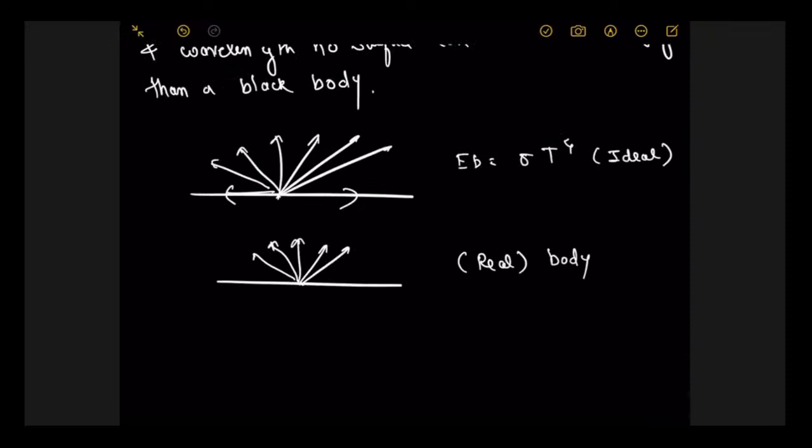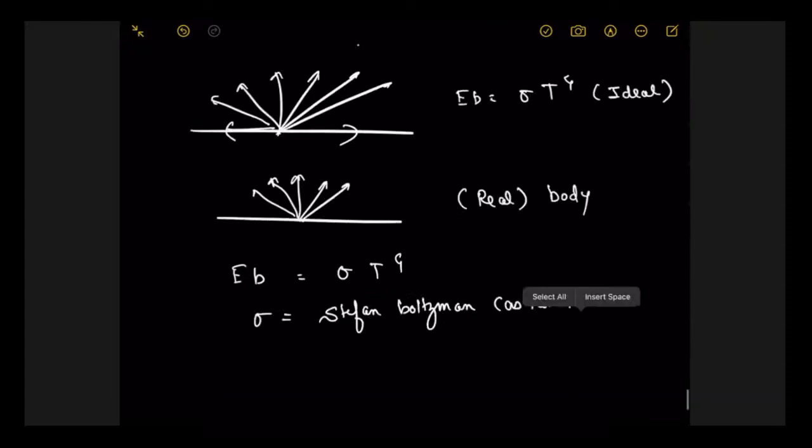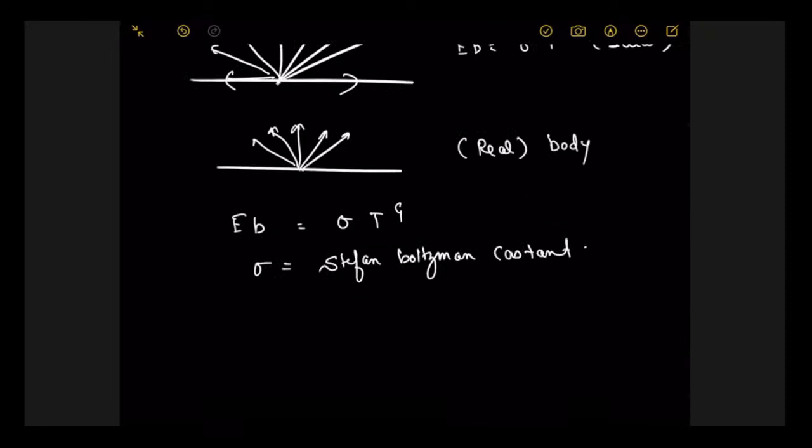So here the energy will be given by sigma. Sigma is the Stefan Boltzmann constant. That is why it is the Stefan Boltzmann law. Stefan Boltzmann constant, which is equal to 5.67 into 10 to the power minus 8 watt per meter square Kelvin to the power 4.